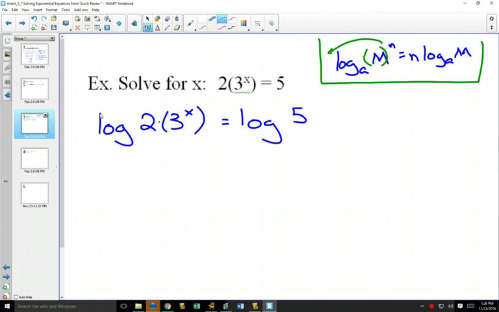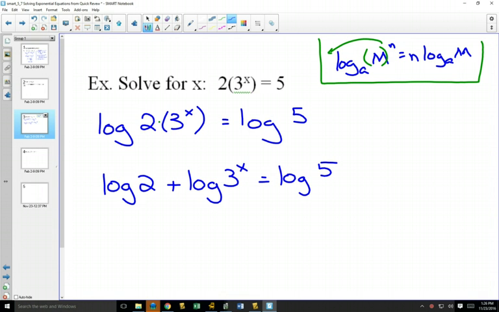And if I use that log law first, saying when you multiply, you add, that breaks those 2 up. And now my x is an exponent to the entire base inside of this log.